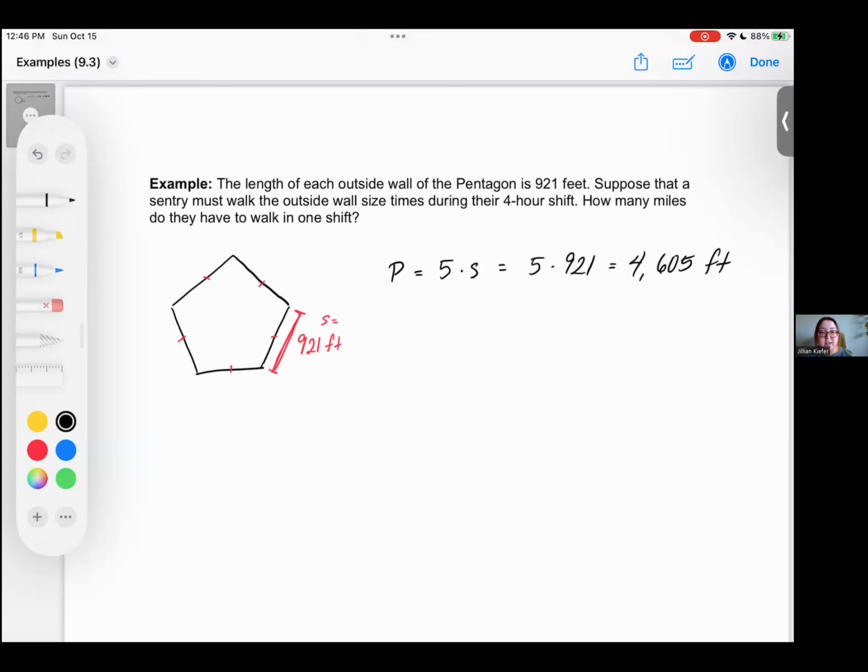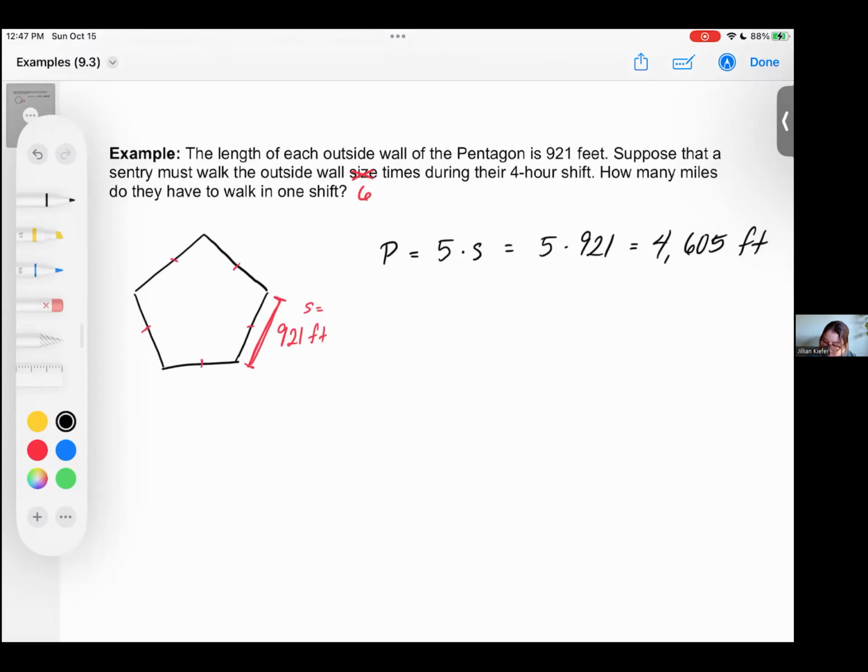Now we're told that our sentry walks this 6 times. Oh, this is misspelled. It should be 6 times here. This is 6 times during the 4-hour shift that they have. So they're walking this 6 times around. So they're walking this 4,605 feet 6 times. So we want to find the total amount that they've walked here.